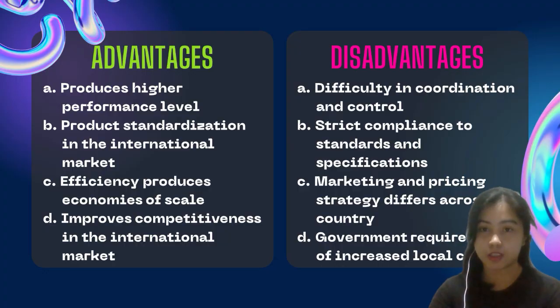Advantages of transnational strategic implementation. First, by balancing global efficiency and local responsiveness, a transnational strategy allows the company to leverage the benefits of both centralized and decentralized operations. This leads to a higher overall performance level as a company adapts to diverse market conditions while maintaining operational efficiency. Second, it enables the standardization of certain products or processes across different markets.